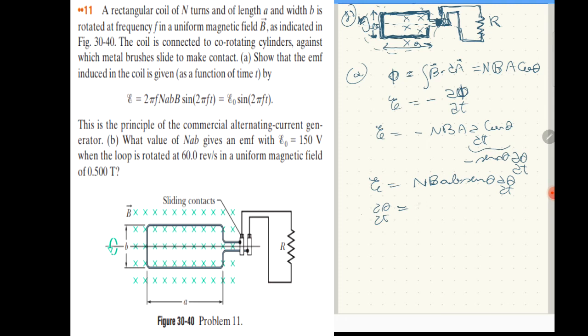You may notice that this equals the angle of revolution divided by the time needed to make that revolution. So 2 pi divided by T, and 1 divided by T, the inverse of the period, equals the frequency.